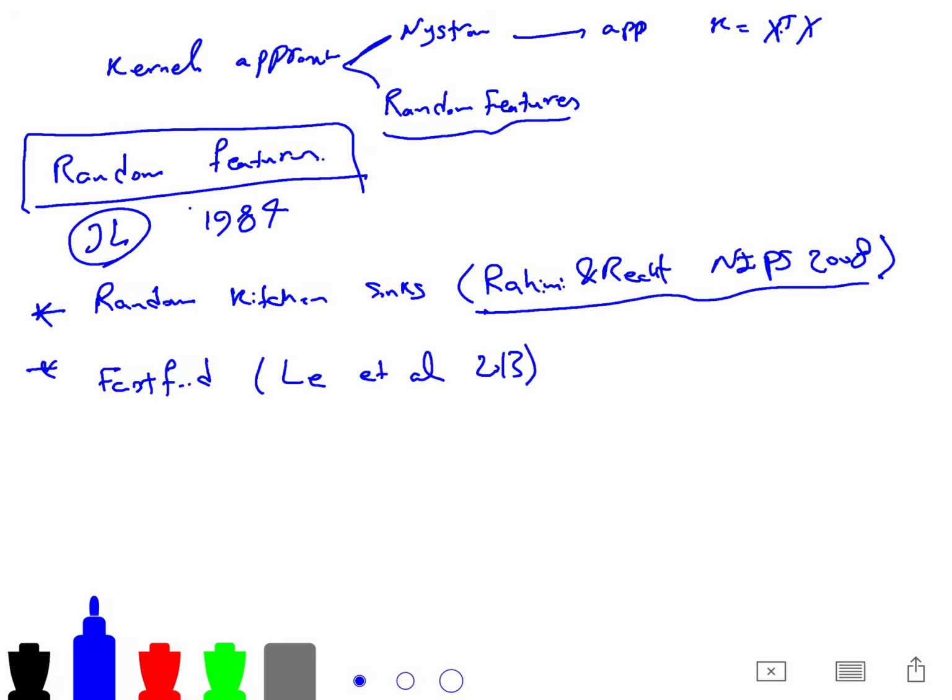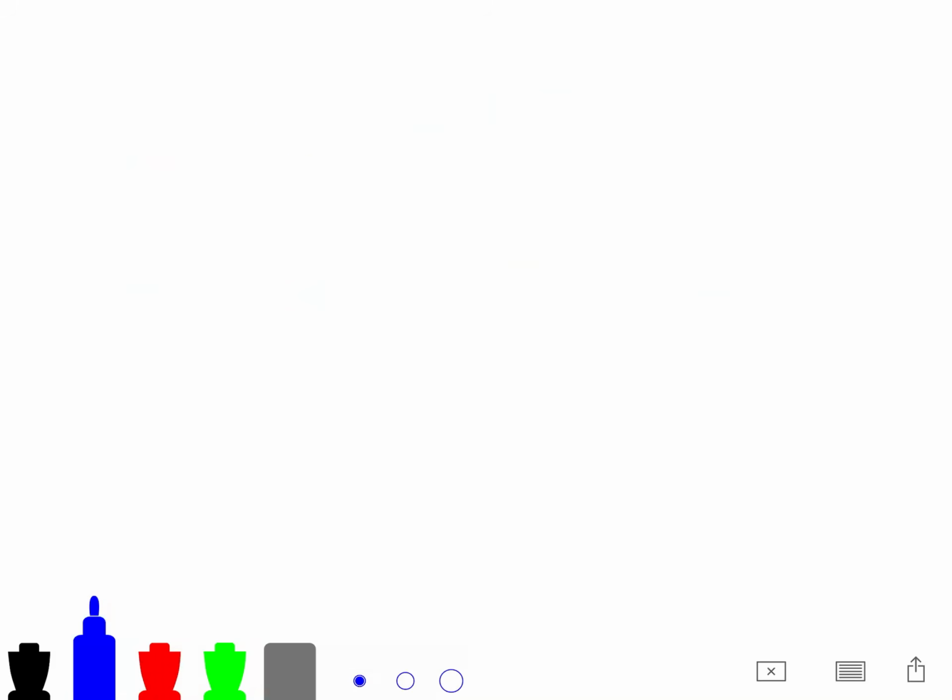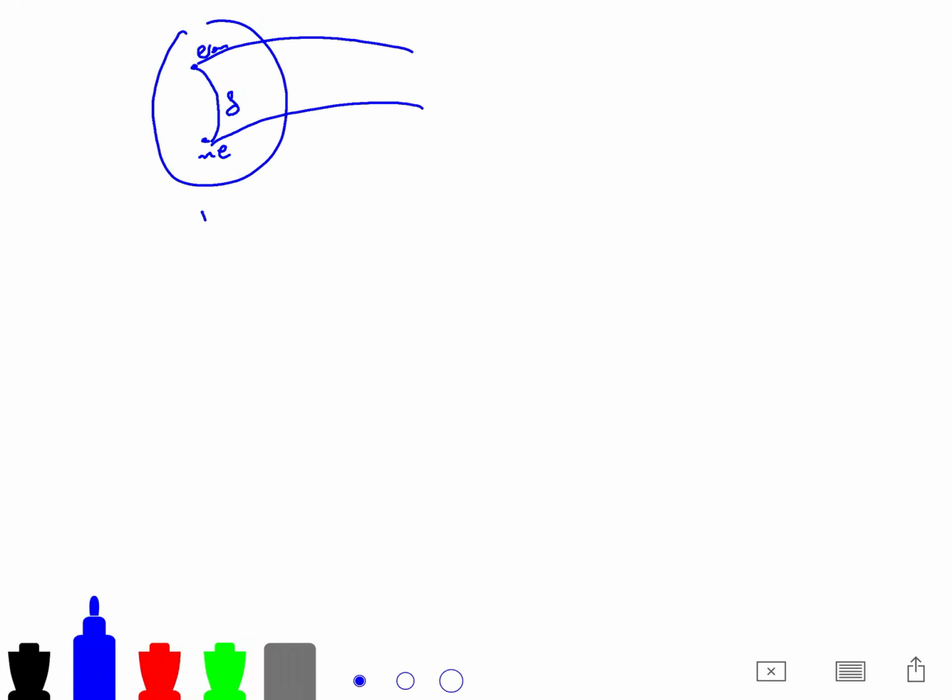So why random projections? Because they are fast, efficient, distance-preserving dimension reduction. The idea of JL, Johnson and Lindenstrauss, those two mathematicians, was this: you have, for example, the picture of Elon Musk here, and the picture of me here. If the distance between them is delta, then in a probably lower dimensional space, their distance is just the same, but with epsilon error.